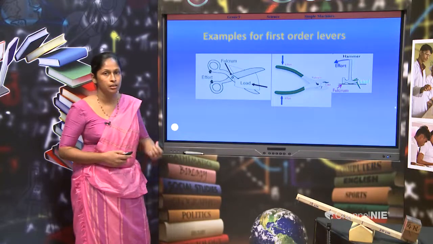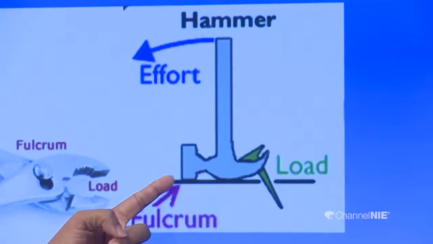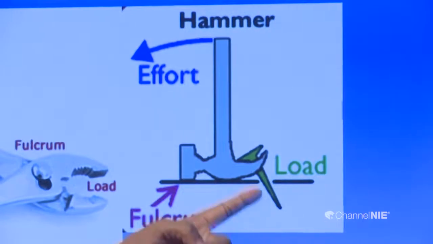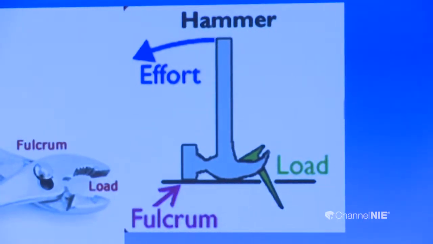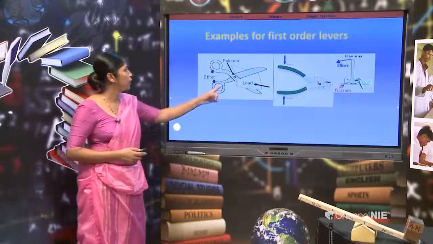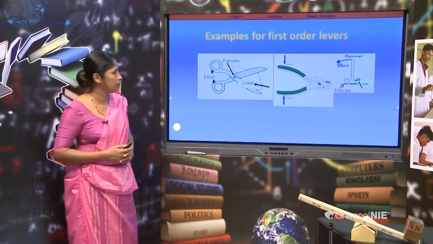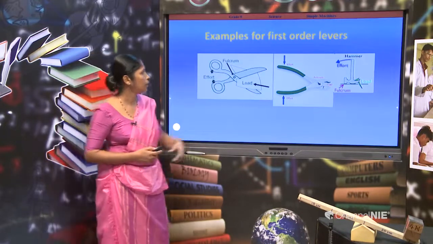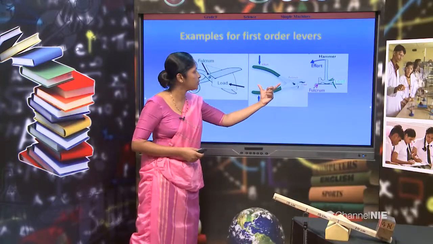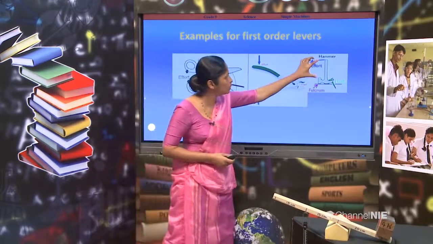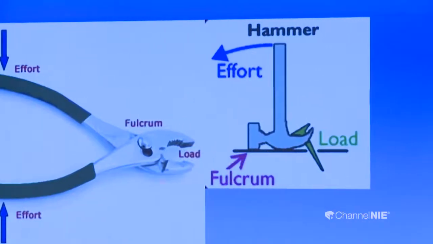And a hammer removing a nail, here is the fulcrum, load and effort. In all the three simple machines, the fulcrum is in the middle, in between load and effort, and the load arm is less than the effort arm. Here also the effort arm is greater than the load arm.